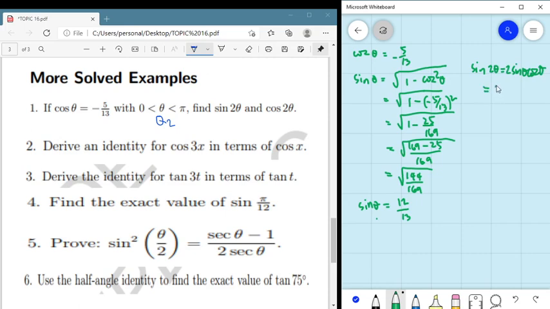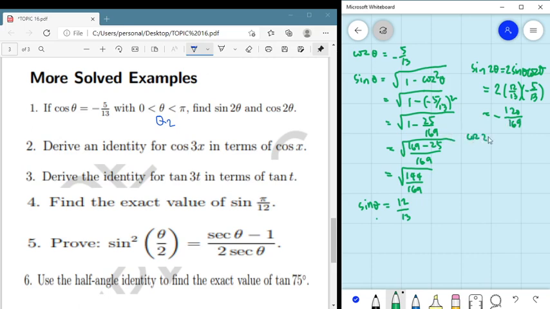So this will be 2 times 12 over 13 times negative 5 over 13. Simplifying, 2 times 12 times negative 5 equals negative 120, all over 13 times 13 is 169. That is sine of 2 theta.